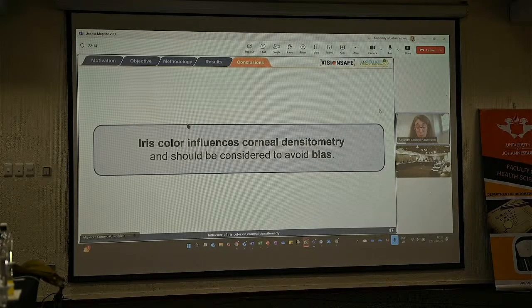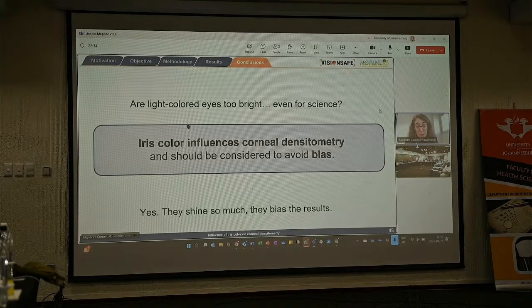We need to take into consideration that the results that are published out there might depend strongly on where the population was from, because we know that it depends around the world. We do not all have the same kind of eye color. So that's the conclusion: light color eyes are too bright even for science.